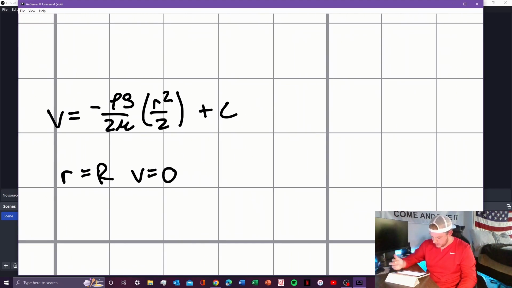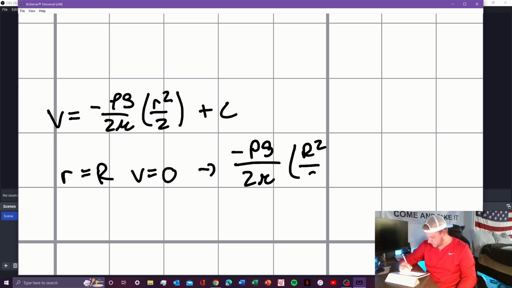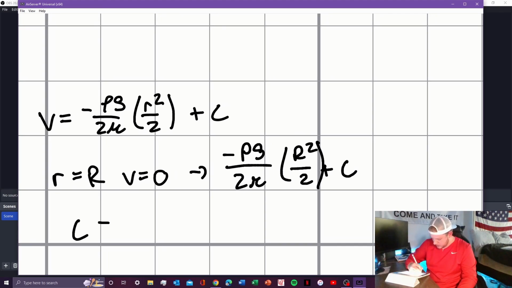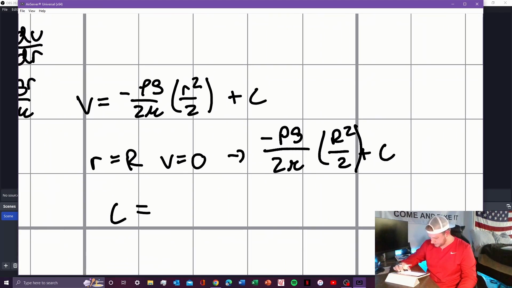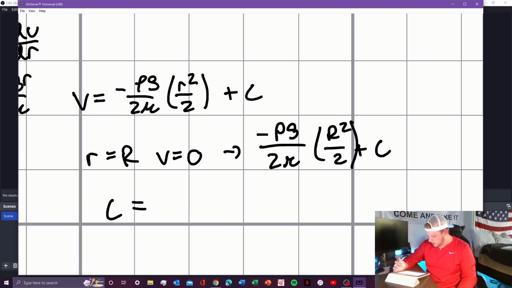So we can plug that in: c would be equal to positive rho g big R squared over 4 mu.